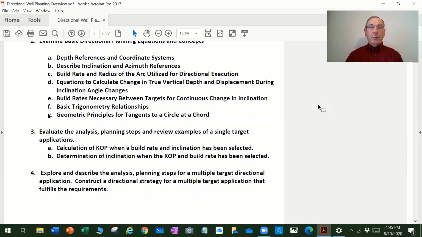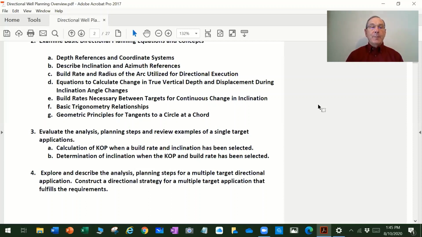And there can be two types of single target application. One is the calculation of a kickoff point when the build rate and inclination have been selected. And then the second case would be the determination of an inclination if the kickoff point and build rate has been selected. Both of those are quite common applications that we do.